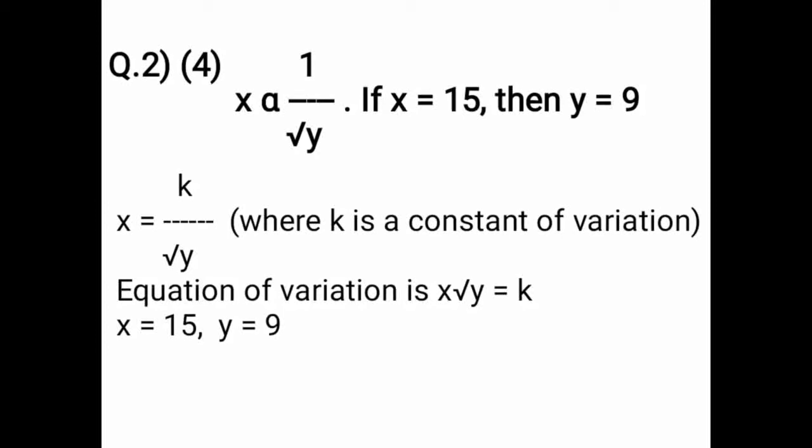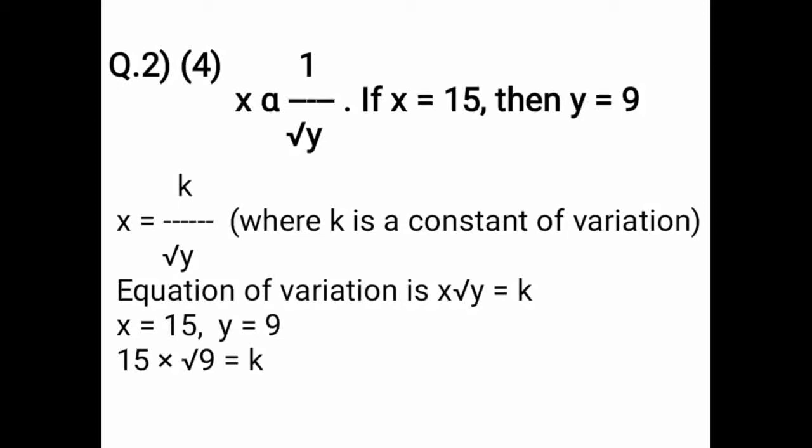You have to substitute the value of X is equal to 15, Y is equal to 9 into the equation of variation form which you cross multiplied and wrote. 15 into square root of 9 is equal to K. Next step, you have to find the square root of 9. 15 write as it is.